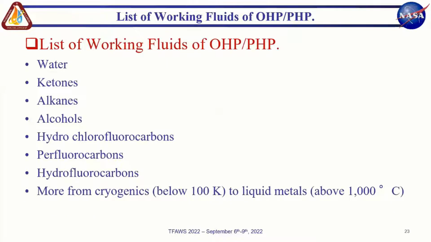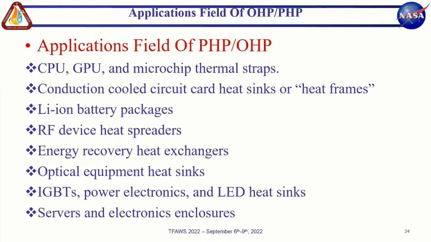Thank you. The list of working fluids used is usually water, electronics fluids, alcohols, hydrocarbons, CFCs, hydrofluorocarbons, and more, from cryogenics below 100 degrees Kelvin to liquid metals above 1000 degrees centigrade. Next, please.